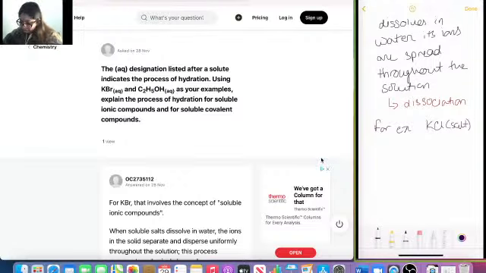Okay, and so when you add water, let's say for example it reacts with water, right, so what you basically get is the water molecule, the hydrogen, is attracted to the negative chloride ions, right?